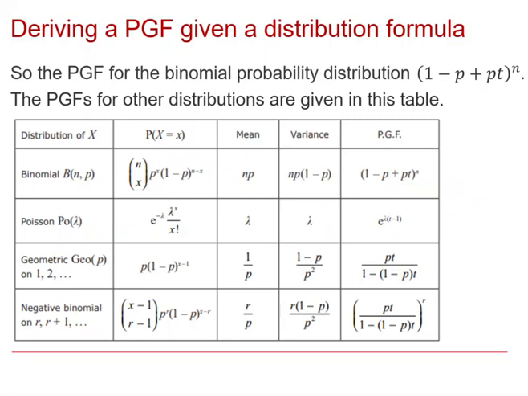You do need to be aware that although these are in the formula book, you should check in a textbook or online so that you are quite comfortable with actually deriving these probability generating functions for each of the distributions involved.